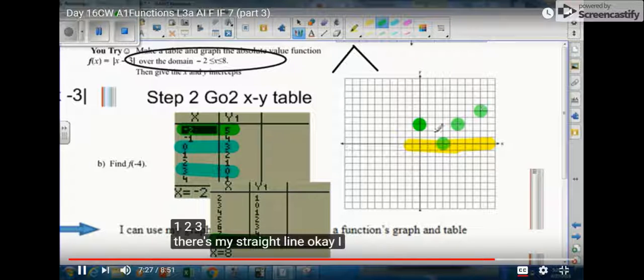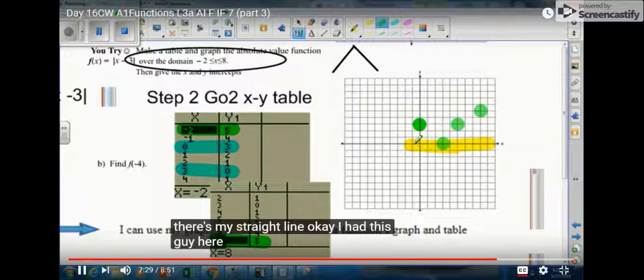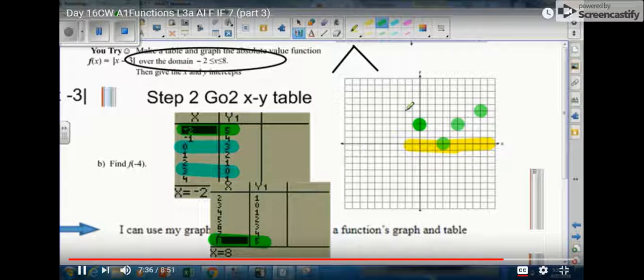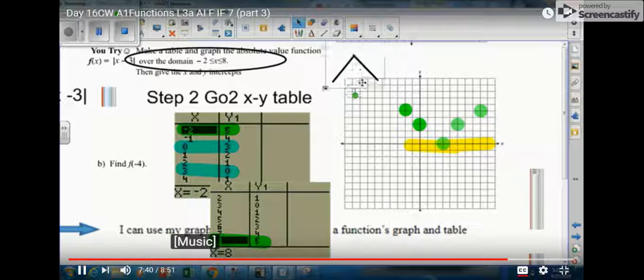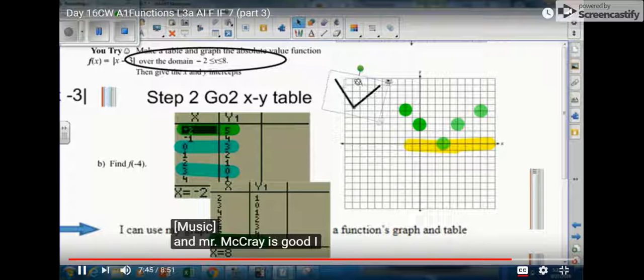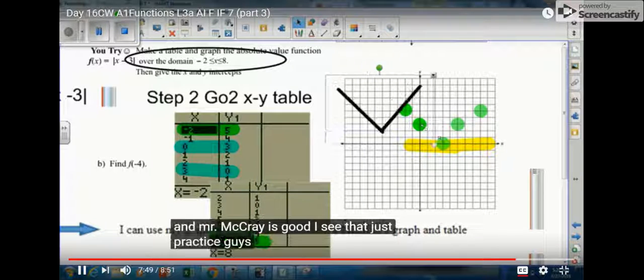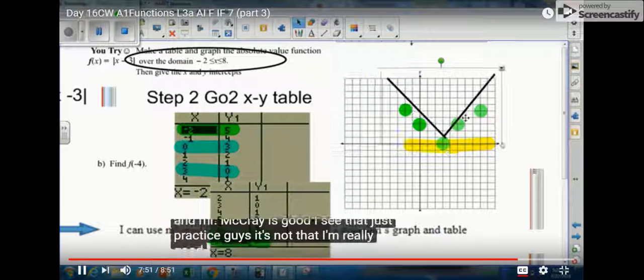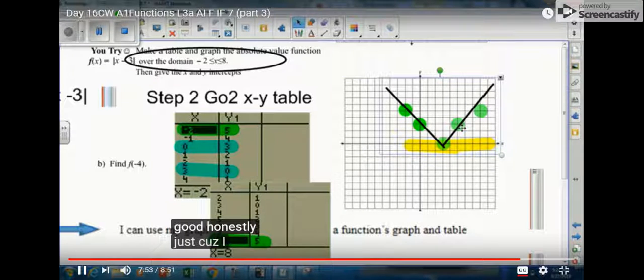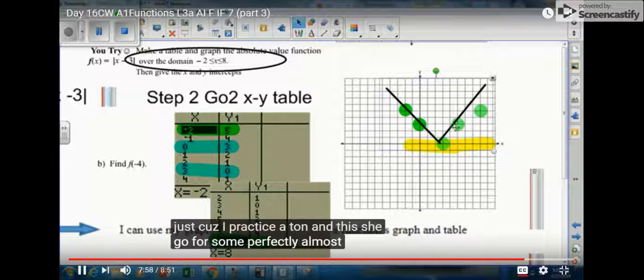Remember I had this guy here? I'm just going to flip him over here, and I'm not going to make him bigger. Man, Mr. McCrae is good. Can I see that? All right, just practice, guys. It's not that I'm really good, honestly. It's just because I practice a ton. And this should go over perfectly, almost.